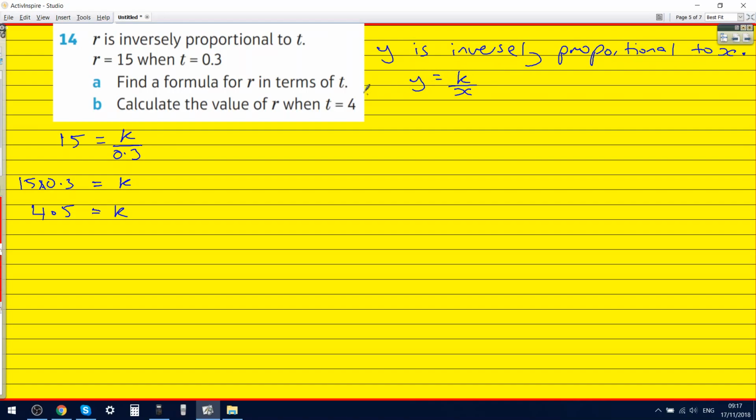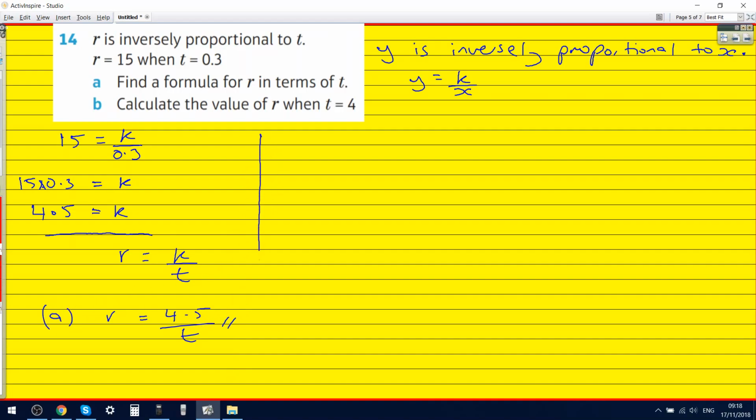Now they're using different letters, but they want you to write something like y equals k over x, except with R and T. So R is equal to k over T. And what is k? 4.5. So R is equal to 4.5 over T. Okay, so that's the answer they're looking for in A.